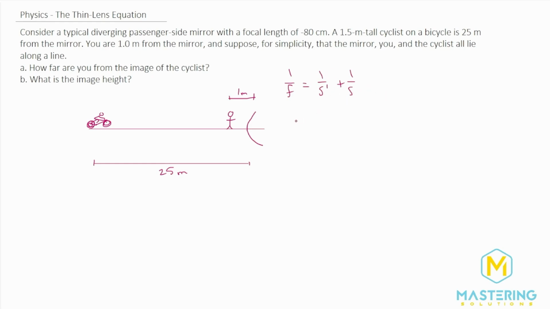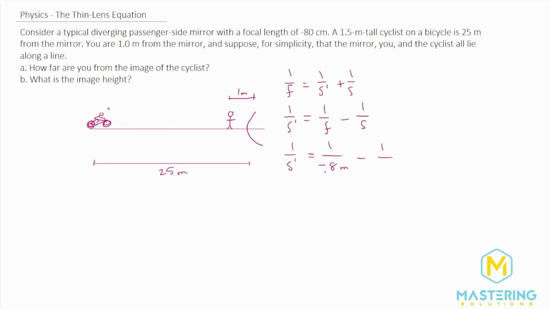We're trying to solve for the image distance, so that will be 1 over s prime is equal to 1 over f minus, because we move this over, 1 over s. We know the focal length of the mirror is negative 80 centimeters because it's a diverging mirror. So 1 over s prime is equal to 1 over negative 0.8 meters. And then we're going to minus the object distance.